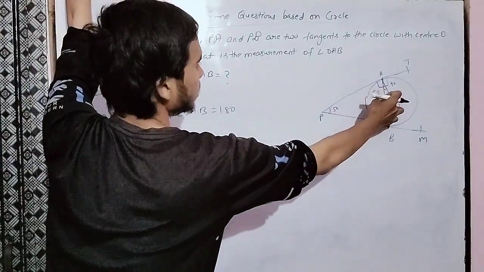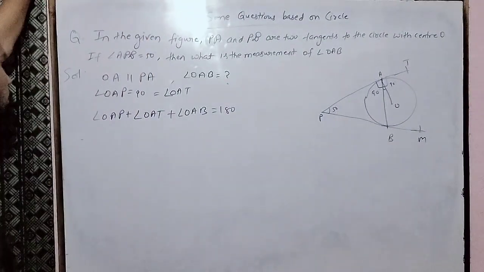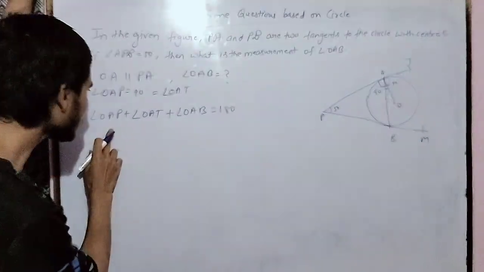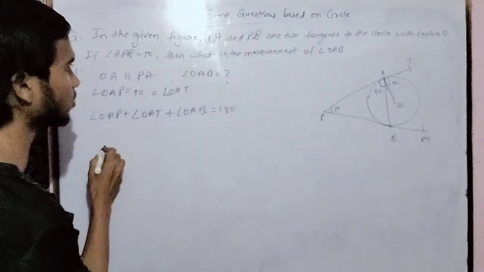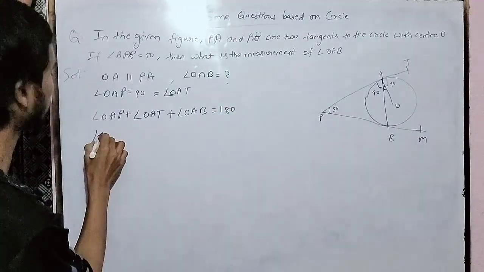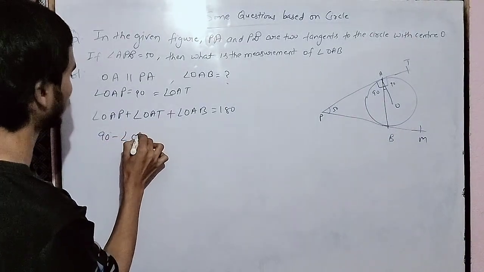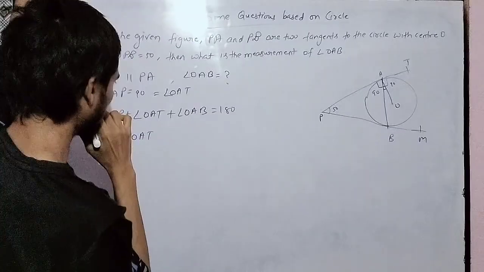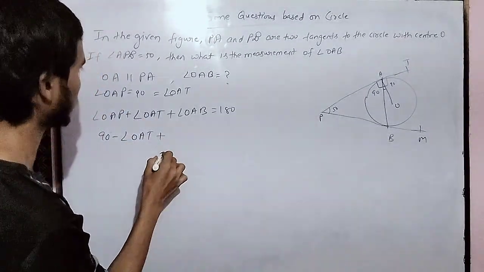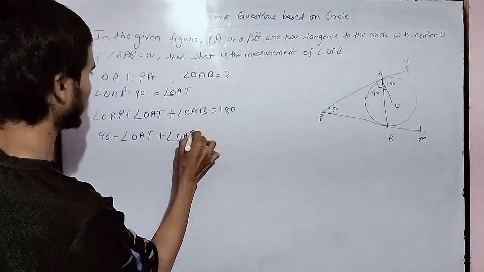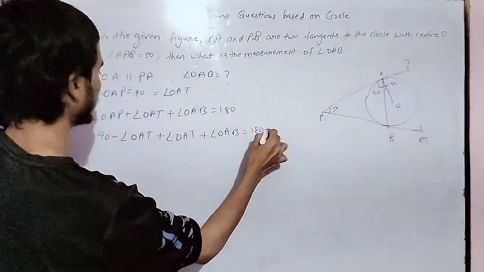But we know that OAP is 90, so we would say 90 plus angle OAT plus angle OAB is 180.